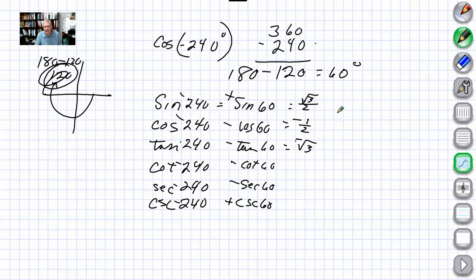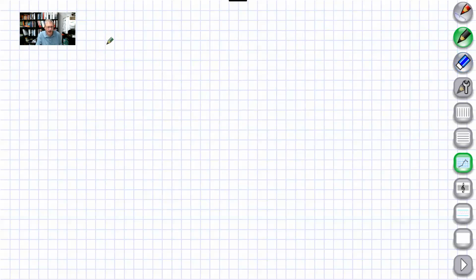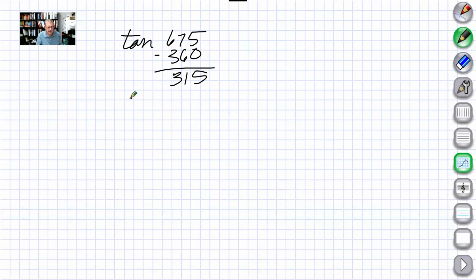Let's try another one. How about the tangent of 675? Too big, let's subtract 360 from it. Okay, it's in the third quadrant. Reference angle, 360 minus 315, 45-degree angle.